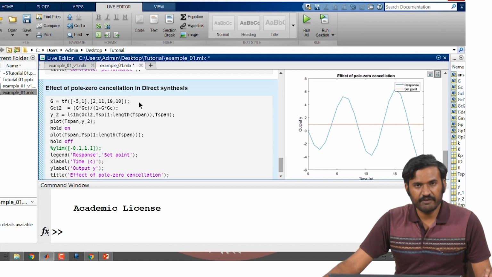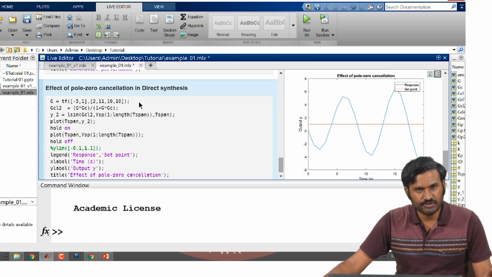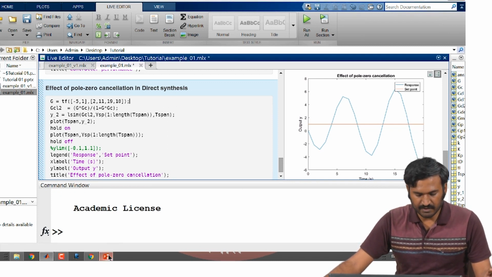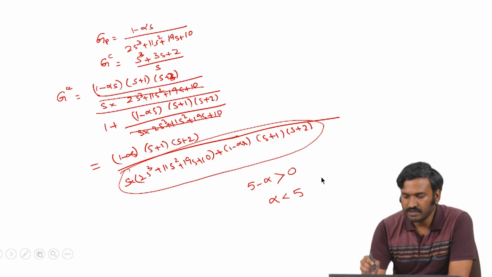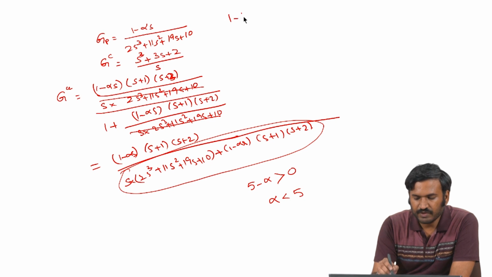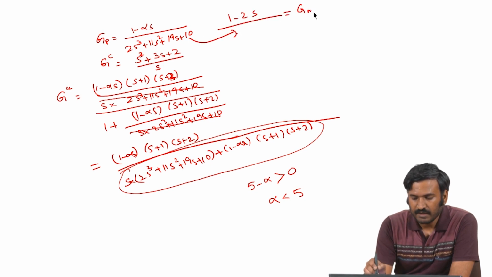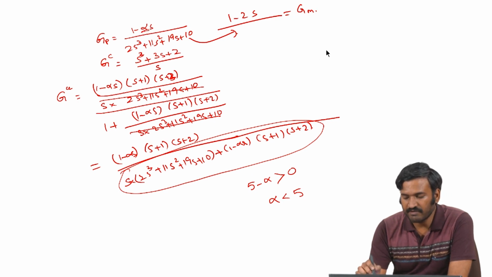So we have used 1 minus 2s divided by the same denominator as the model. Now we have found out that alpha can take any value between 0 and 5.